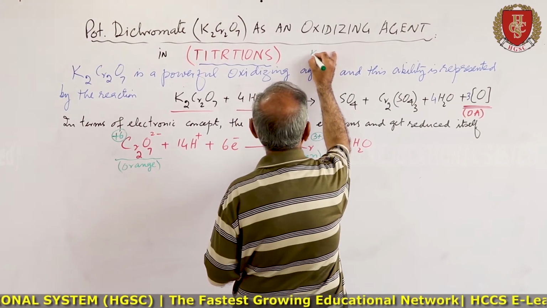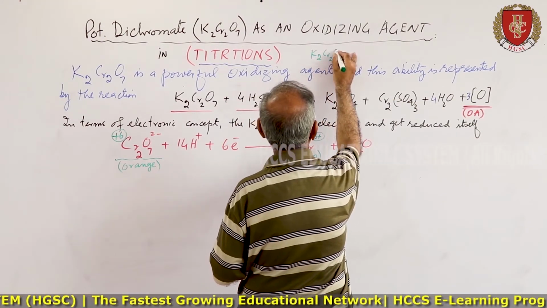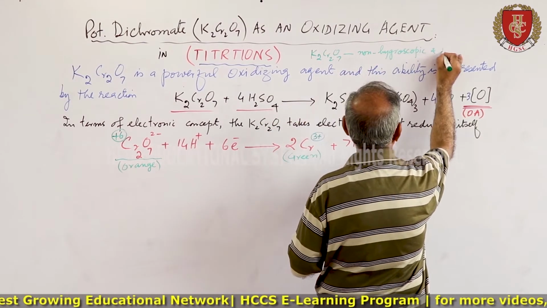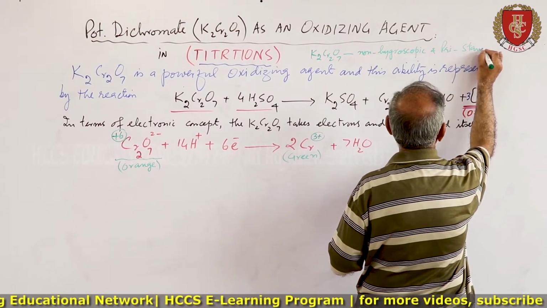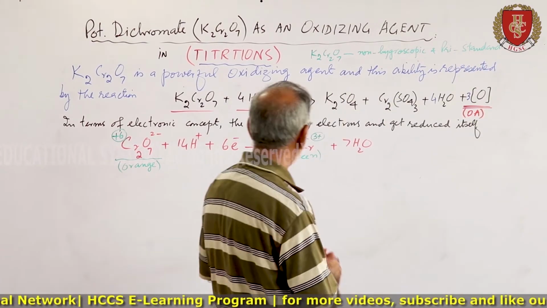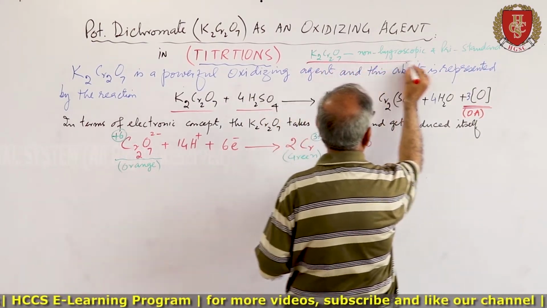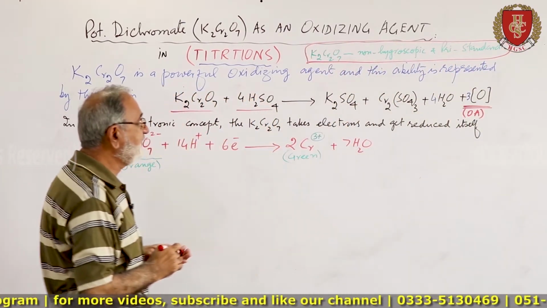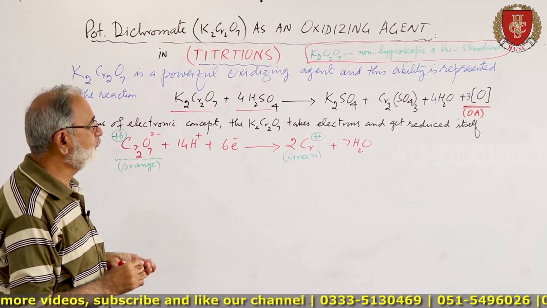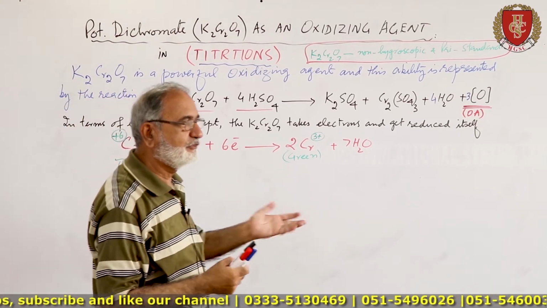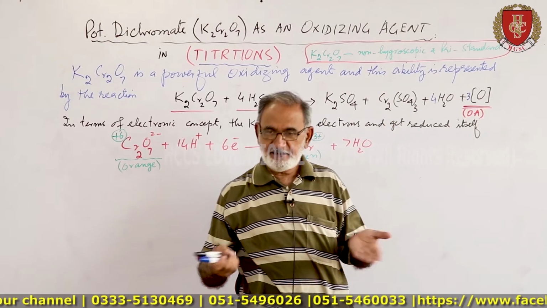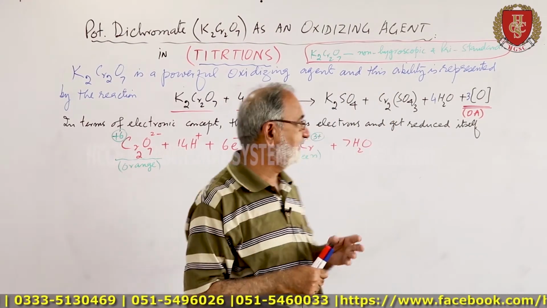Potassium dichromate, K2Cr2O7, is non-hygroscopic and a primary standard. This is very important here: why potassium dichromate is used as an oxidizing agent. Sodium dichromate is also an oxidizing agent, and other salts are also oxidizing agents.